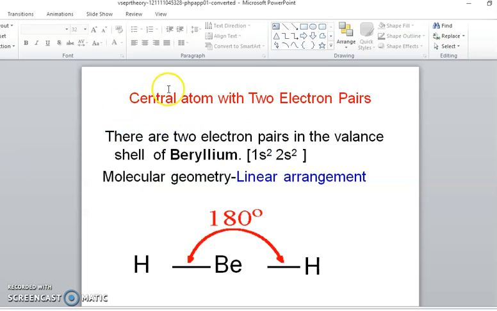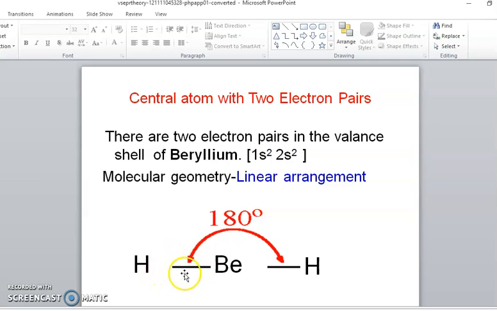The first case is a central atom with 2 electron pairs. A typical example is beryllium. The valence shell is 2s, which contains 2 electrons. Each hydrogen, whenever it is bonded, will contribute 1 electron.